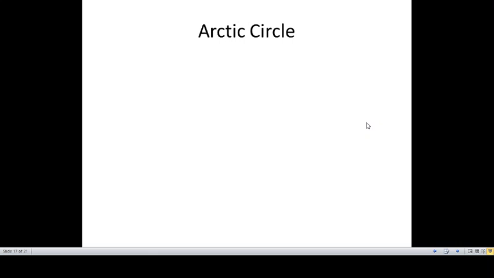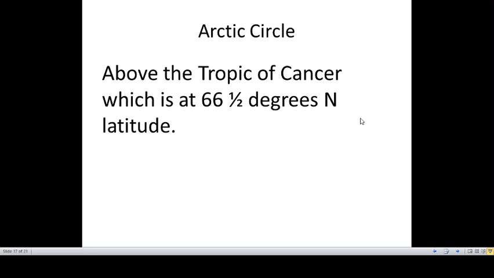So the Arctic Circle. Like the Tropic of Cancer and Tropic of Capricorn, the Arctic Circle is above the Tropic of Cancer, which measures 66 and a half degrees north latitude.